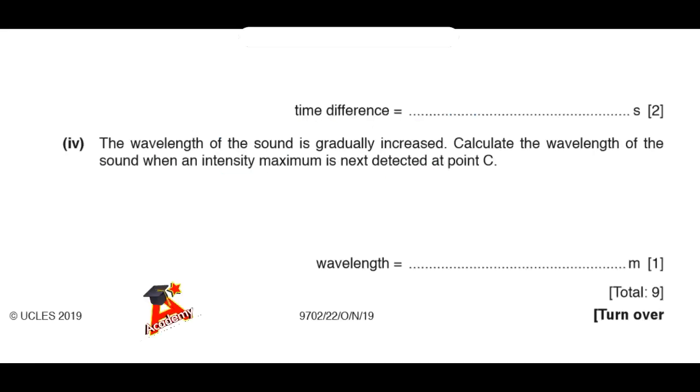The next part of the question says the wavelength of the sound is gradually increased. Calculate the wavelength of the sound when an intensity maximum is next detected at C. If the wavelength is being increased, the next time that we will have constructive interference at C is when we have 3 lambda equal to 6.4 meters.